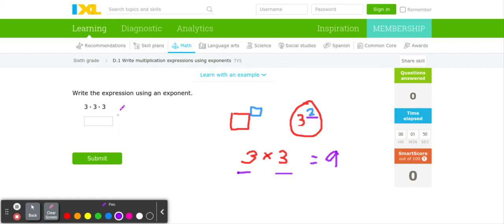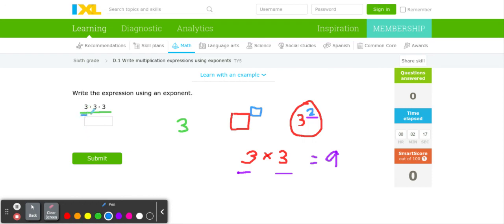So now let's try and answer the question that they gave us. The multiplication expression that they gave us is 3 times 3 times 3. In this case, we know that 3 is the base, or the red number, and we know this because 3 is what's being multiplied, and it's being multiplied 3 times.